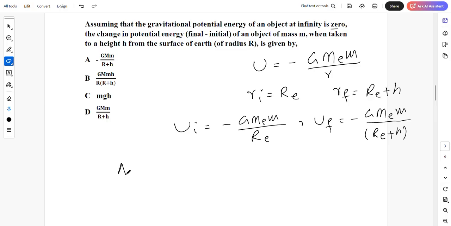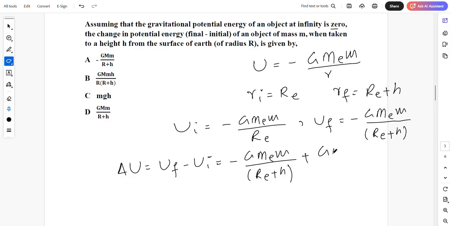Now, what is the change in the potential energy? That is Uf minus Ui. That is equal to minus G Me m divided by Re plus h, minus by minus plus G Me m divided by Re.